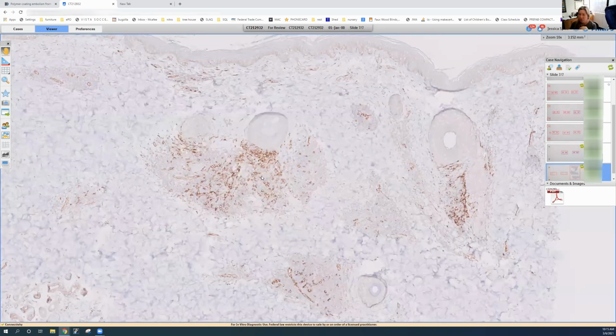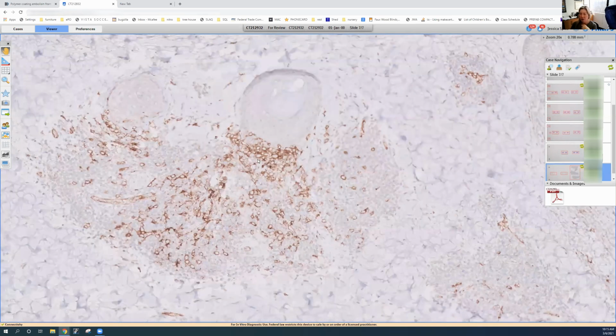The Yale group, about 10 years ago, published this finding that you could find large clusters of CD123 positive cells in collagen vascular disease, and that would help distinguish between other inflammatory processes in the skin.